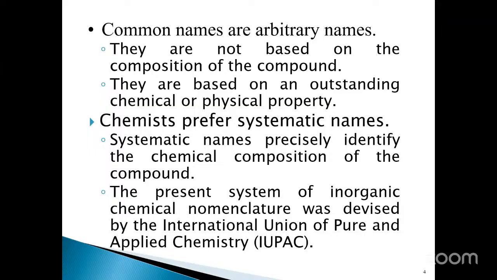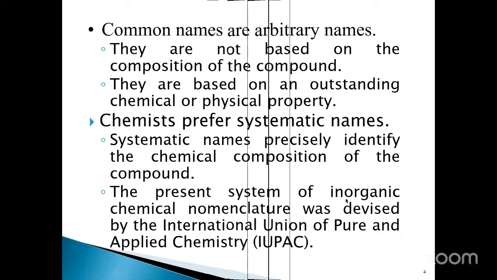That committee meets for the sole purpose of coming up with rules for naming compounds, because every year new compounds are being made, and very often the new compounds cannot be named according to the rules that have been established so far. So the committee has to come up with new rules for accommodating these new compounds. The rules that we're going to discuss have been established by the International Union of Pure and Applied Chemists.